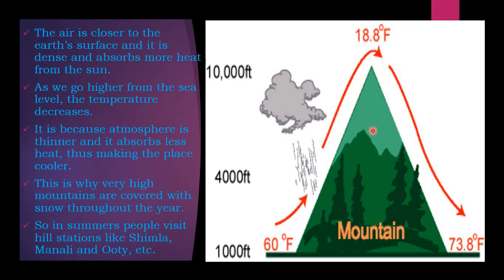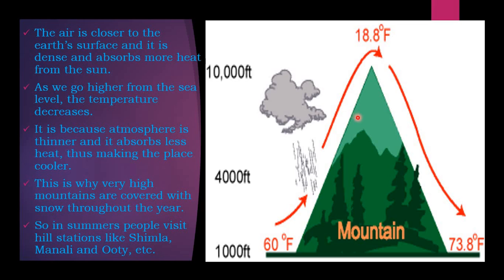See children, you see here a mountain. In the picture you can see the mountain. The peak of the mountain is at a very high level, and here you can see 10,000 feet, and in the middle of the mountain is 4,000 feet, and the base of the mountain is 1,000 feet.